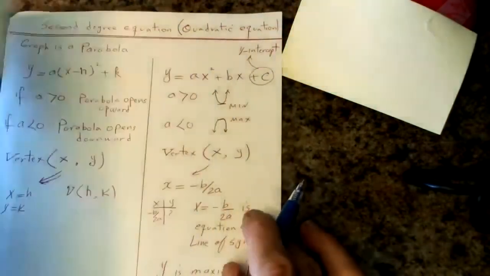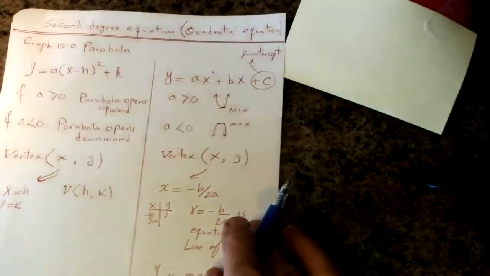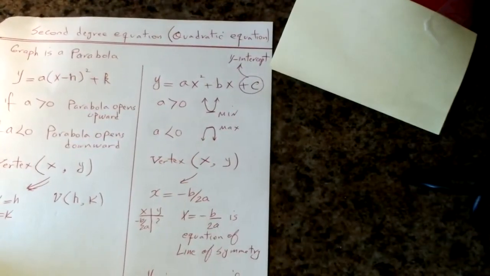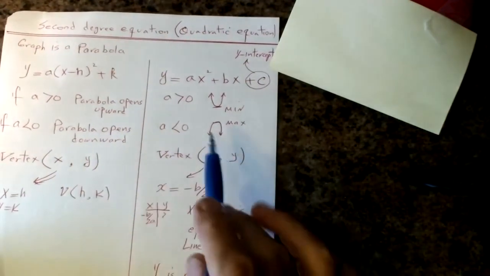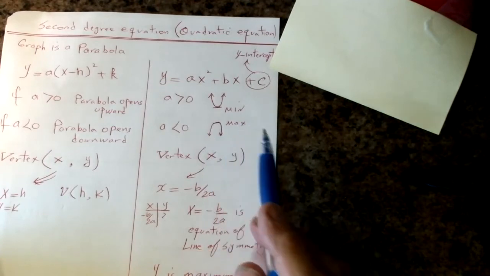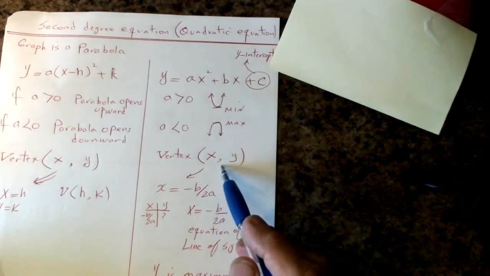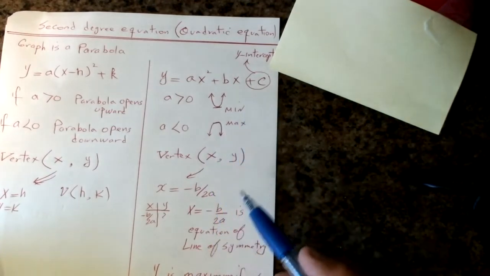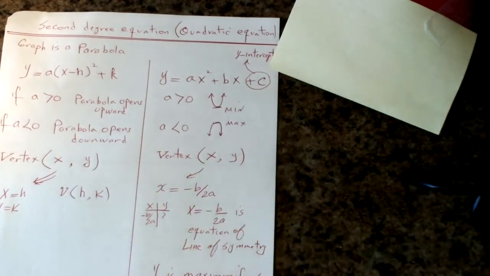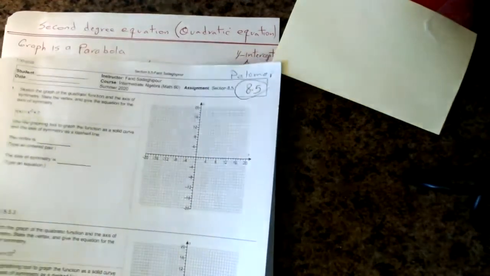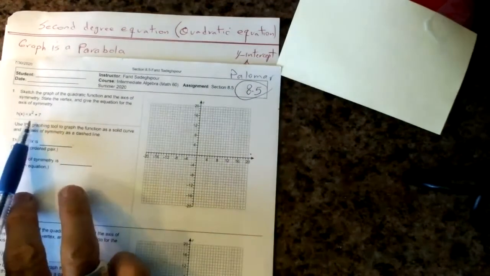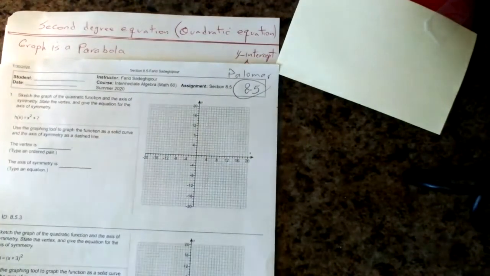Now, when you're dealing with formulas in these sections, we should have this sheet with us because it's very good information on how to find the vertex, how to find the y-intercept, and so on. So here, the very first problem, the equation is h of x is x2 plus 7.